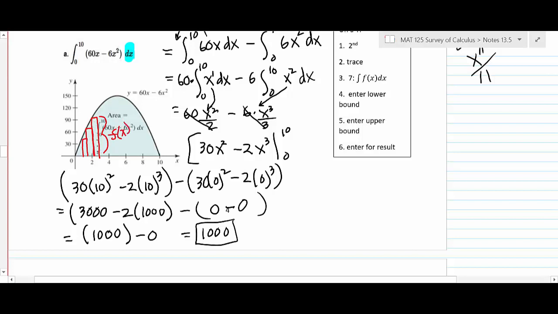The height of that rectangle is the function value. The base on this is, we called it delta x in yesterday's class. Now we're going to call it dx. What's the difference? Dx is infinitely small. So the idea is dx represents a base of a rectangle. It's not 0. It's as close to 0 as you can theoretically get.